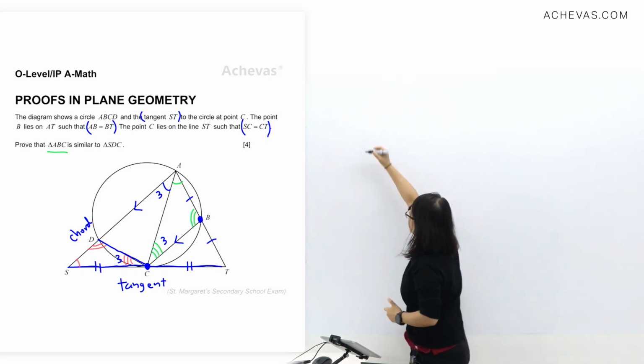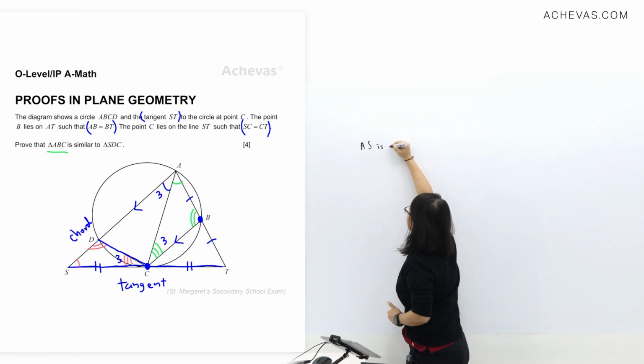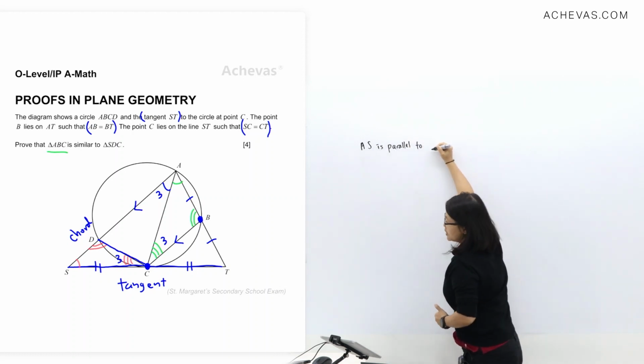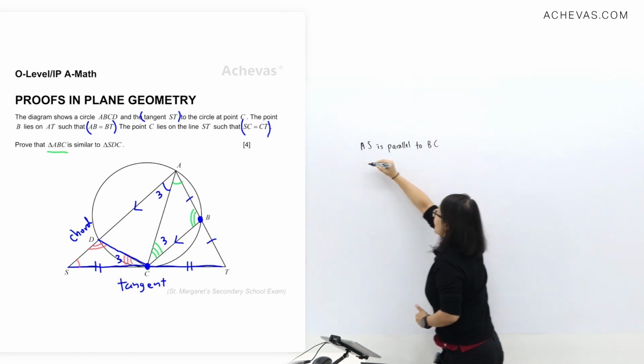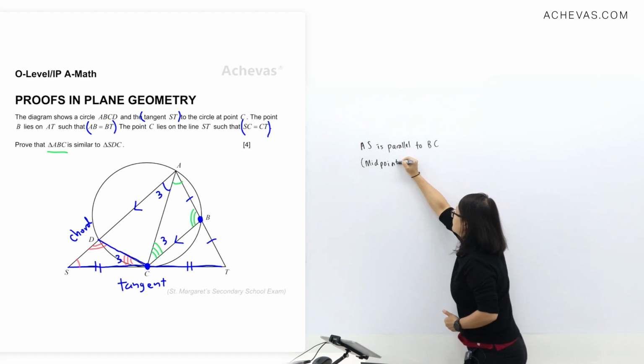I'm going to start by writing AS is parallel to BC. And the reason is because I'm applying the midpoint theorem.